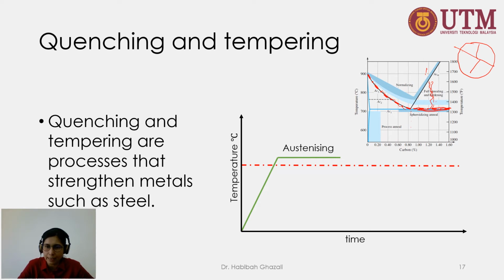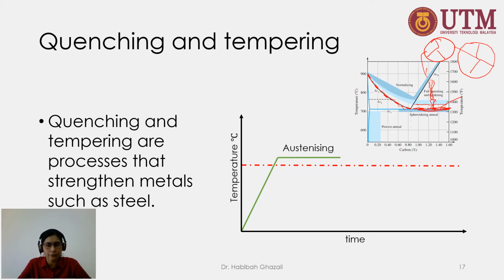So your grain size of austenite here will be much bigger. So we don't want that. So what we did instead, we just transformed the ferrite into austenite at temperature above this line. So your microstructure at this point will consist of proeutectoid cementite and also austenite. So that's how the austenization process will be done for this type of heat treatment process.